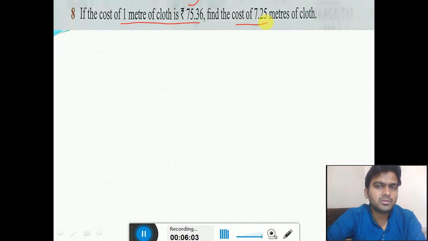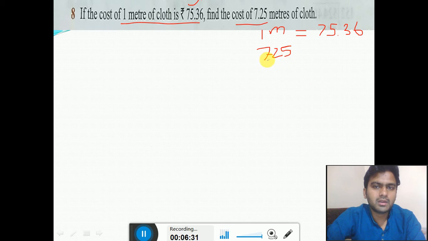What do we have to do? 1 meter length of cloth costs 75.36. So we have to find the cost if the length of the cloth is 7.25 meters. We have to find the cost. So what will we do?